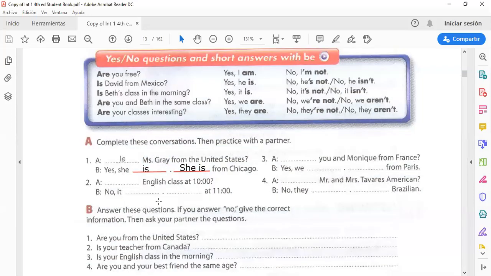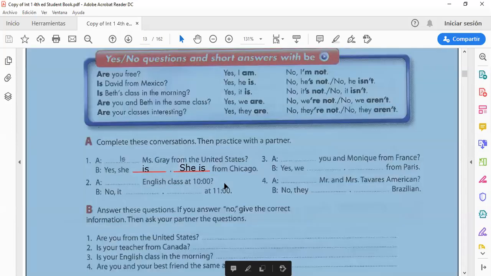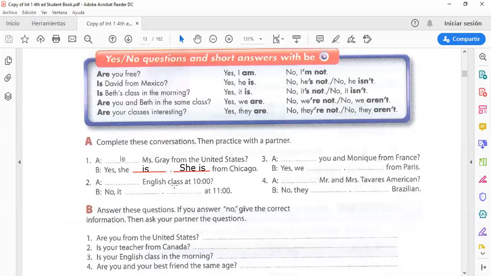Number 2. English class at 10. What do you think we're missing here? Is it?